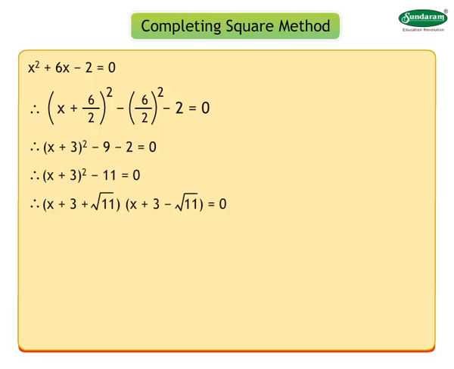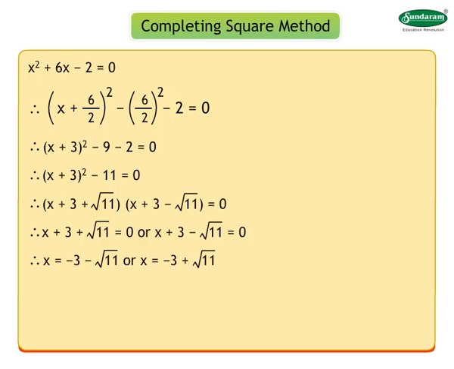Therefore, (x plus 3 plus root 11) into (x plus 3 minus root 11) is equal to 0. Therefore, x plus 3 plus root 11 is equal to 0 or x plus 3 minus root 11 is equal to 0. Therefore, x is equal to minus 3 minus root 11 or x is equal to minus 3 plus root 11.